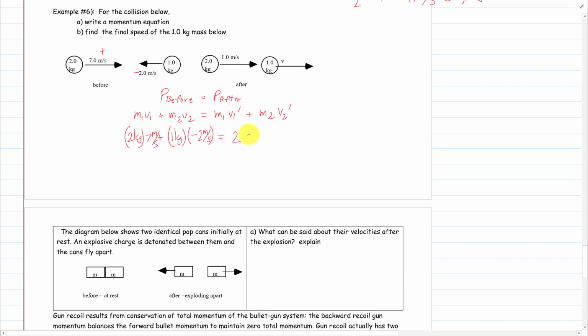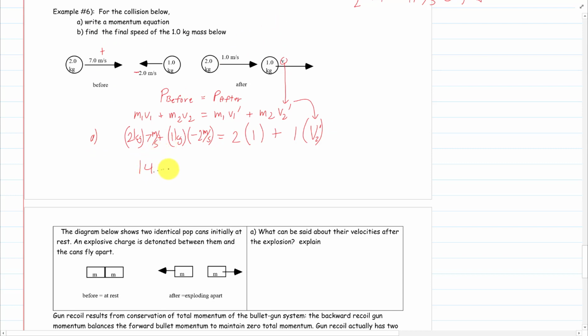And that equals 2 times 1 plus 1 times v, and that's v2 prime. That's the only unknown in the whole thing. So this is the momentum question, this is what part A is asking for, and now find the speed.